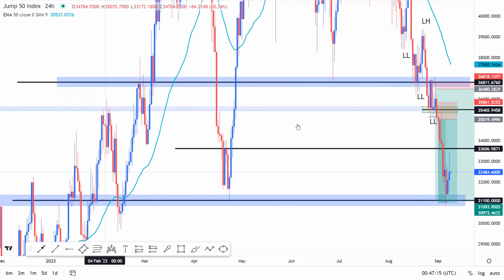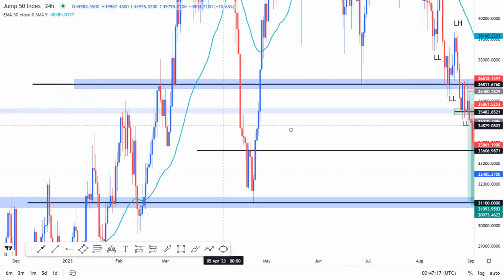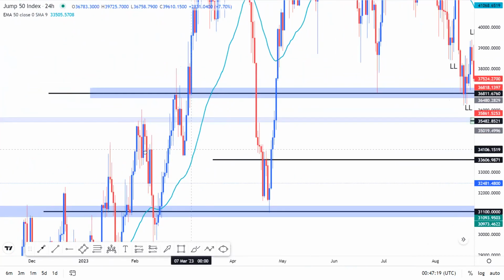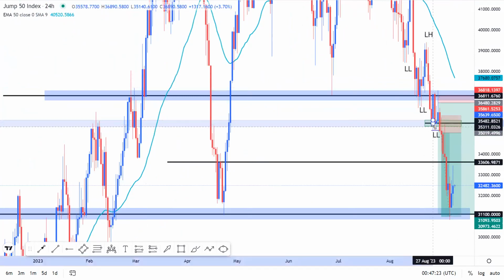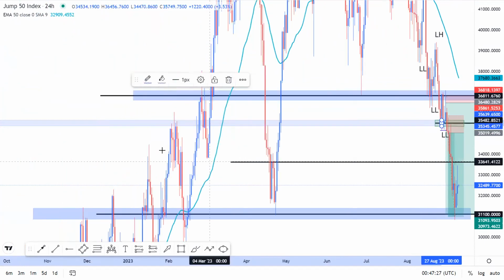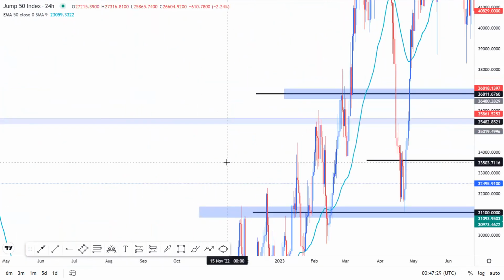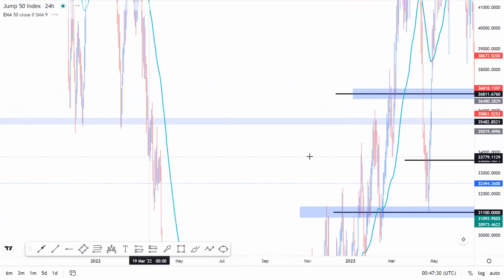And now, guys, this is the level I was trying to point out, where price failed to give me the previous data point for that level.